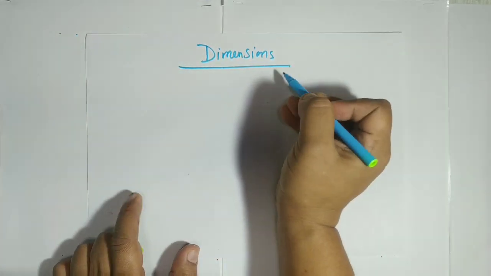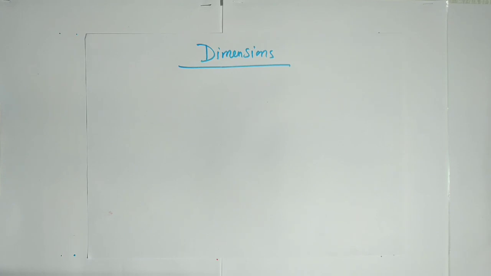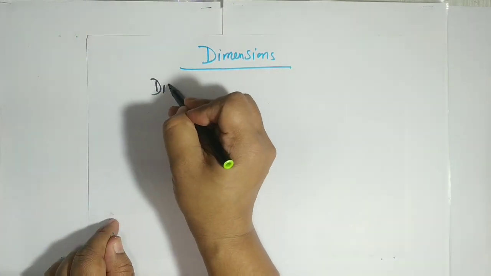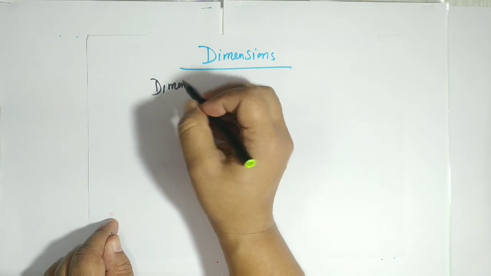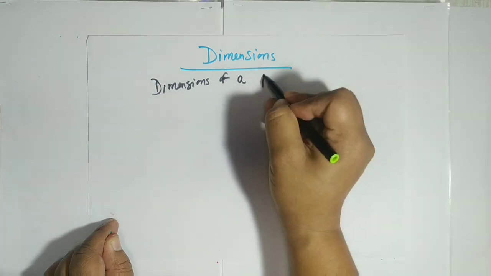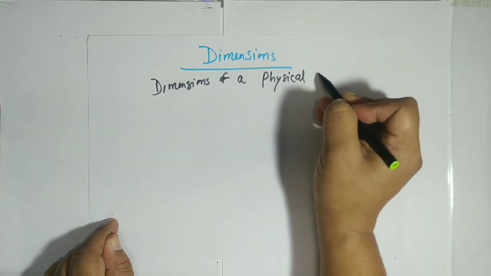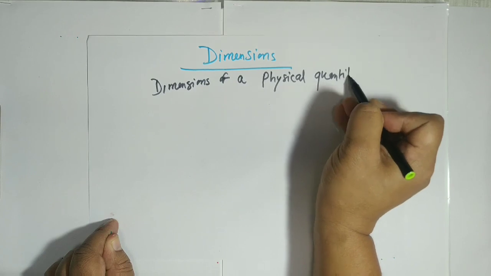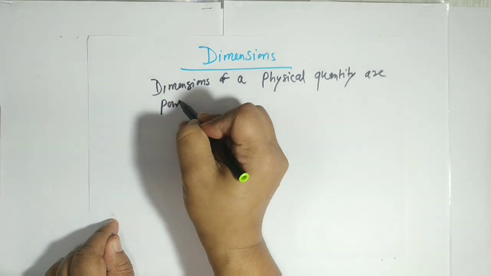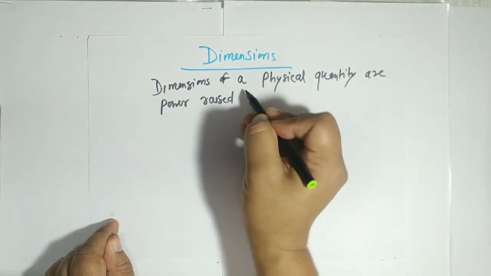Now generally what we say is that dimensions are what? The length, mass, time. But the dimension of a physical quantity, how do you denote it? Do you know? Dimensions of any physical quantity are actually powers raised to what?